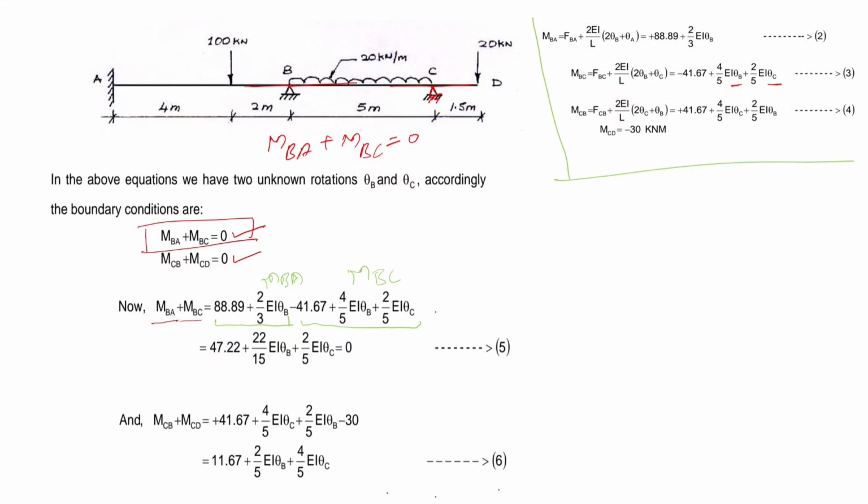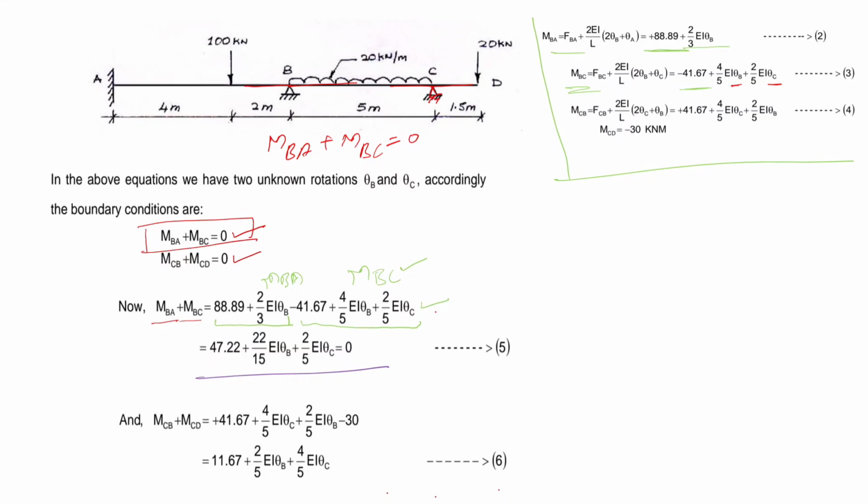You can observe, MBA is equal to minus 88.89 plus 2 by 3 EI theta B. MBC is minus 41.67 plus 4 by 5 EI theta B plus 2 by 5 EI theta C. After solving this equation, we will get 47.22 plus 22 divided by 15 EI theta B plus 2 by 5 EI theta C is equal to 0.